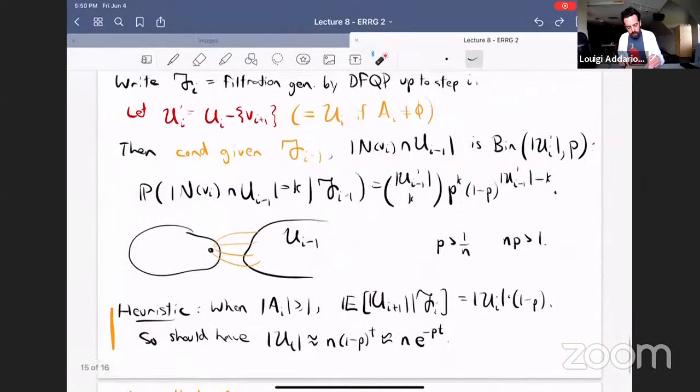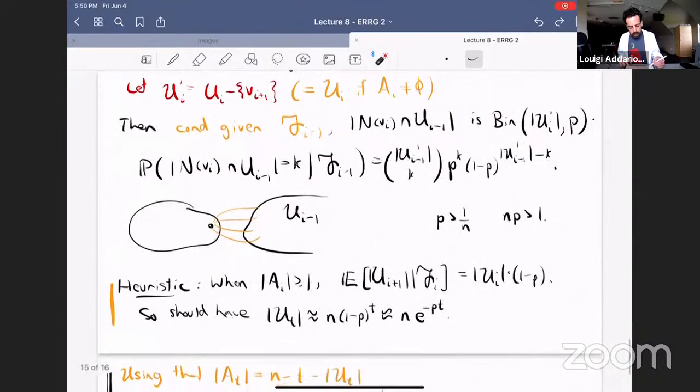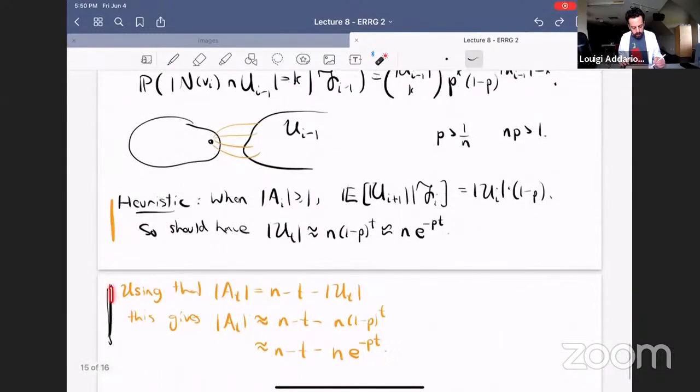But as long as we don't explore too many components, as long as this kappa doesn't get too big, the difference between those two processes shouldn't get very large. That's one way to get a little more intuition for the heuristic, by imagining that instead of picking one new vertex each time the active set is empty, you pick a random number of vertices.